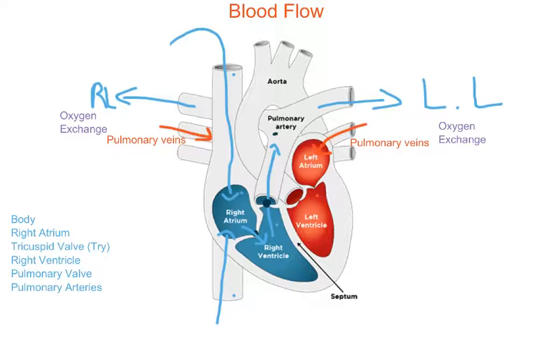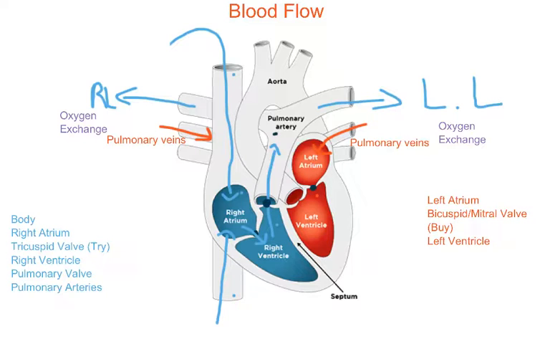We end up in the left atrium, and then from the left atrium we go into the left ventricle, but we have to get past this valve right here. Remember, left atrium, then the bicuspid valve, and then into the left ventricle down here.